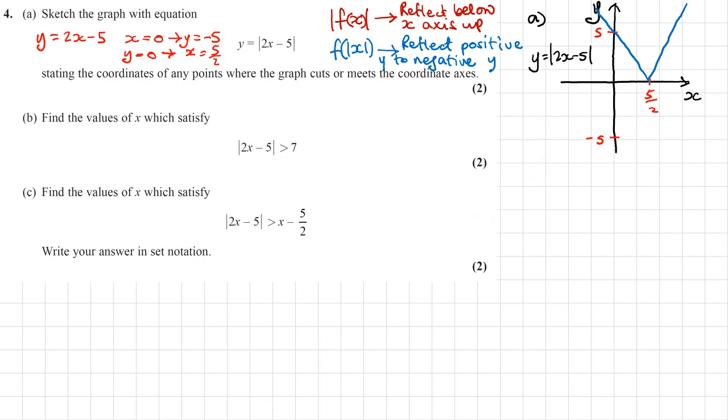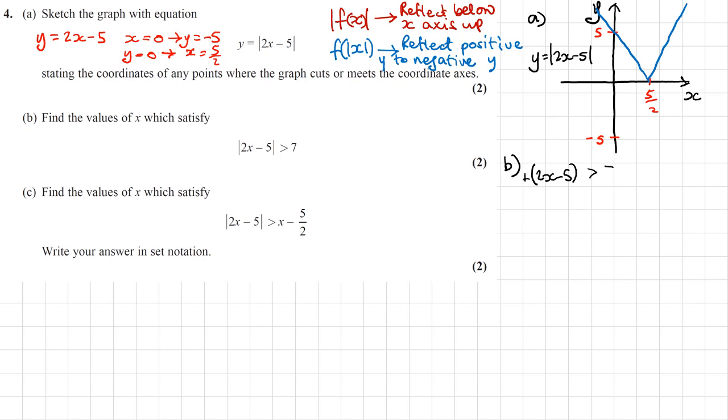Okay, part B of this question. It says we need to find the values of x which satisfy the modulus of 2x minus 5 is greater than 7. To solve these types of inequalities, we need to replace the modulus with brackets and a plus sign, and brackets and a minus sign. So I'll have 2x minus 5, replacing the modulus with brackets and a plus sign.